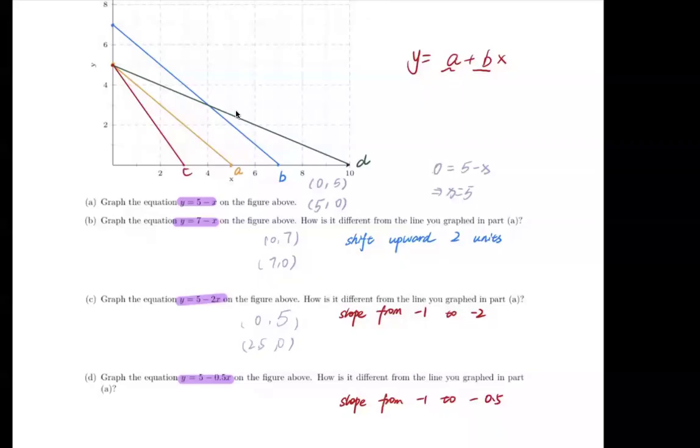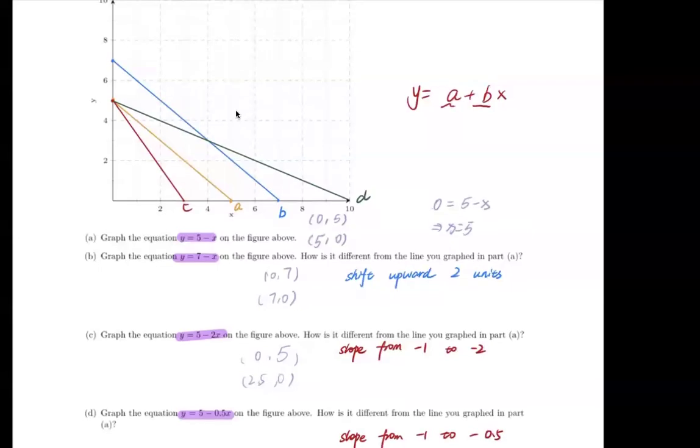Then you only need to find these 2 points on the figure. First point, (0, 5). This is the point we are looking for. And the next one, (5, 0). So you just connect these 2 points, then you will find the equation A.